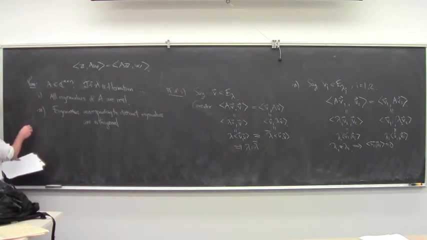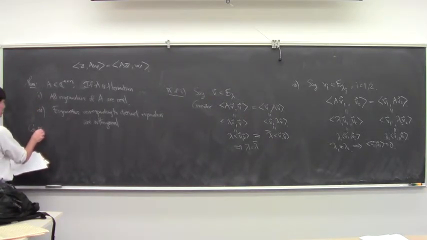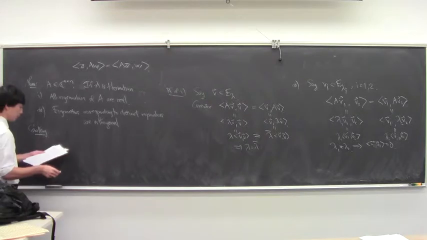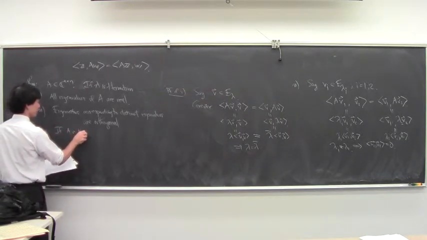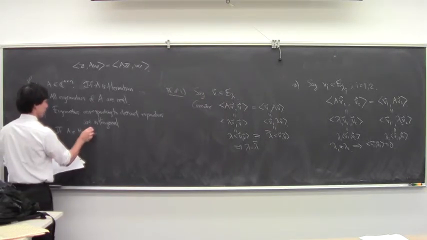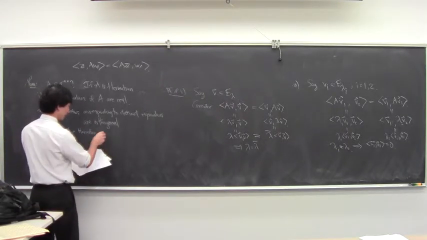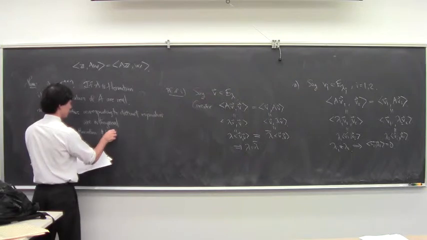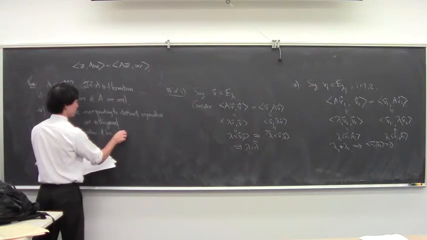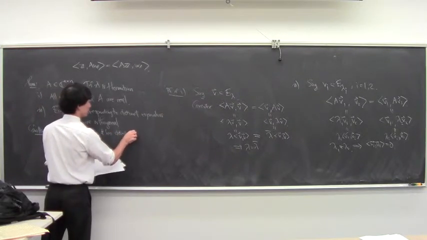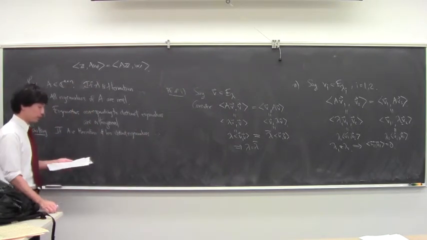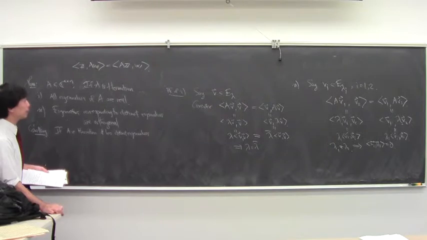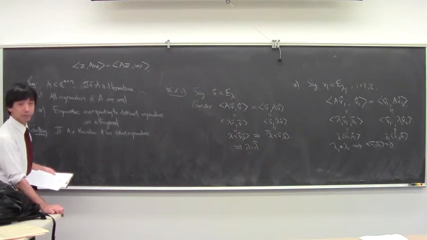There's a corollary of this, sort of the obvious corollary. If A is Hermitian and has distinct eigenvalues, then what's going to happen?